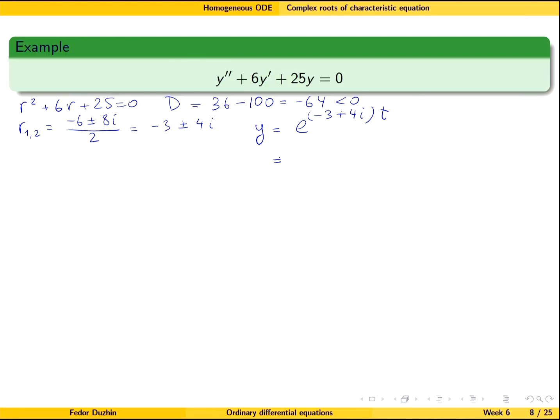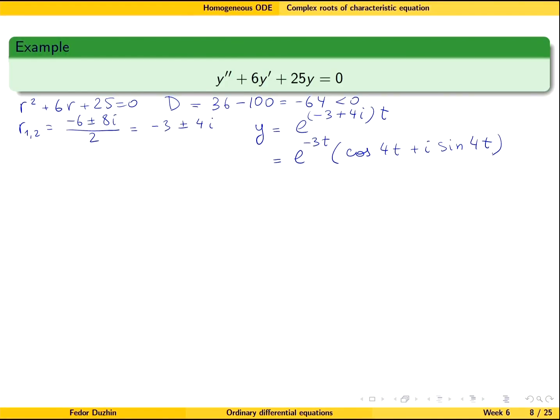Here, minus 3t is the real part, so this goes here, e to the minus 3t, times the complex part, 4it, so I will have cosine of 4t plus i sine of 4t. What we know is that if we substitute this whole thing as y into the differential equation, we are going to get a true equality.